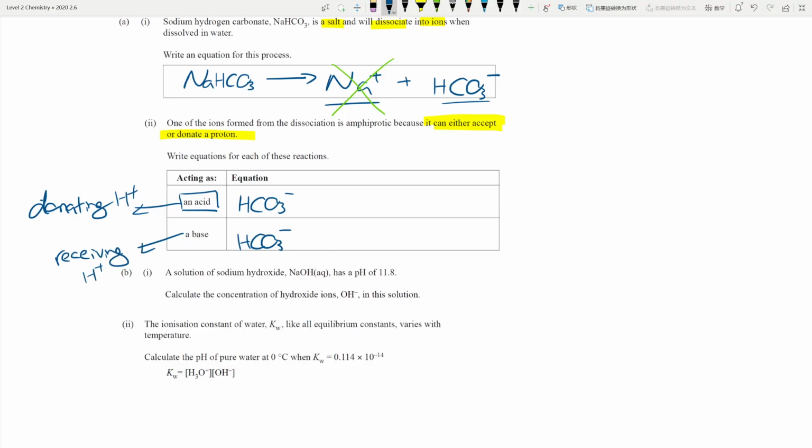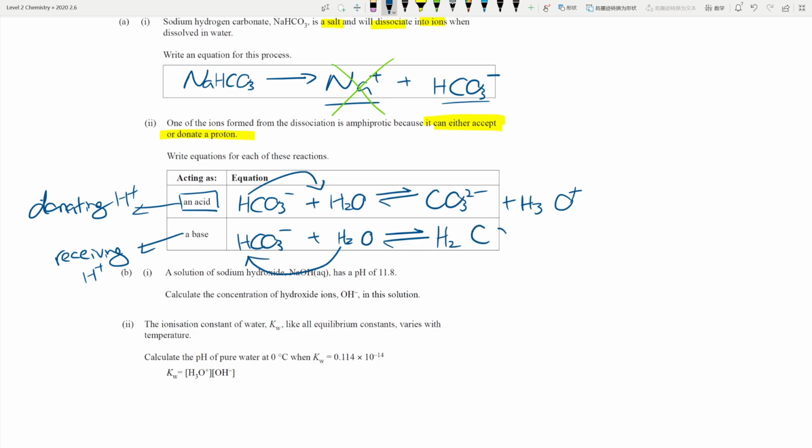Okay, so what that means is that if you put this in water, it will partially dissociate. It gives away the acid, so it becomes CO3 2 minus plus H3O plus, and then when it is behaving as a base, it's going to take one of the H's here, so it becomes H2CO3 plus OH minus.